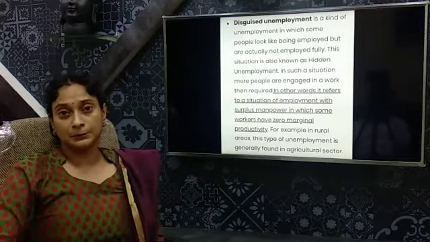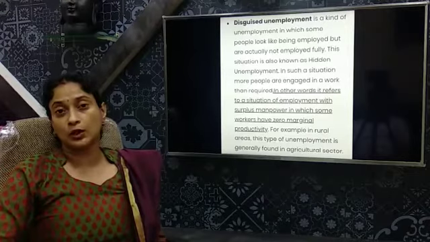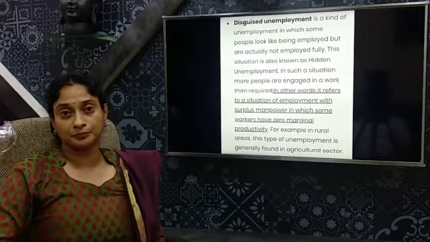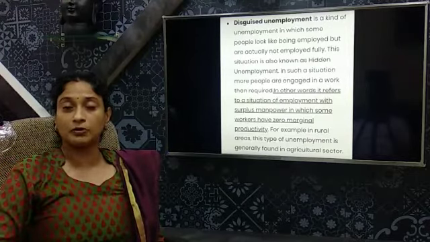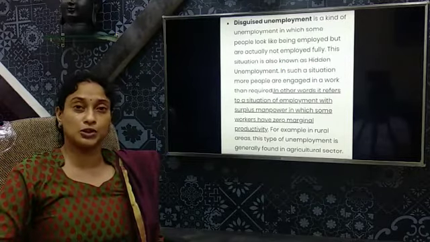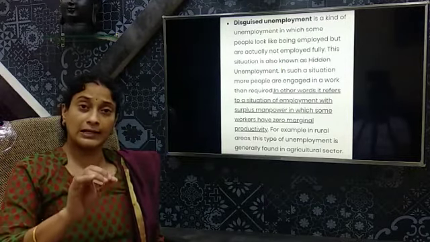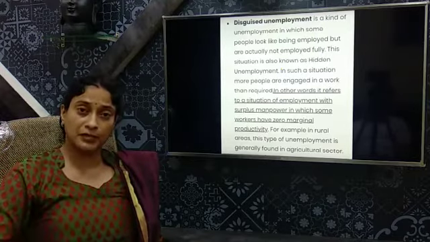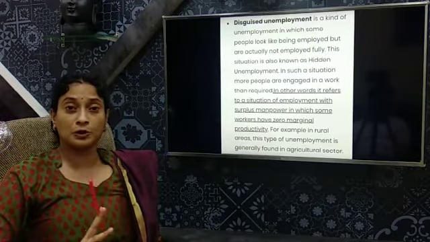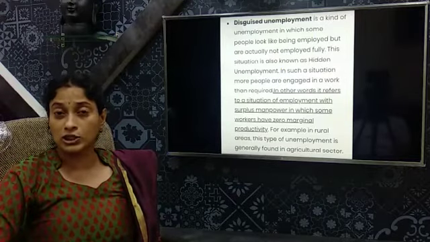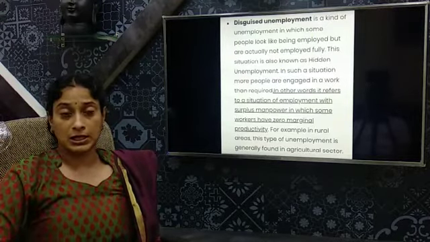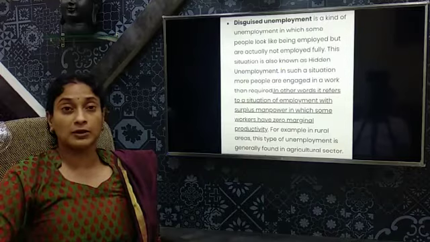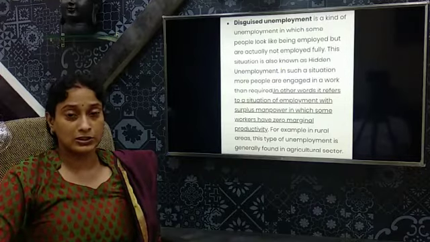For example, if 10 people are working in a given plot of land and using the available resources, they are producing 100 kgs of wheat. If 10 laborers are producing 100 kgs of wheat, the output of each laborer is 10 kgs.